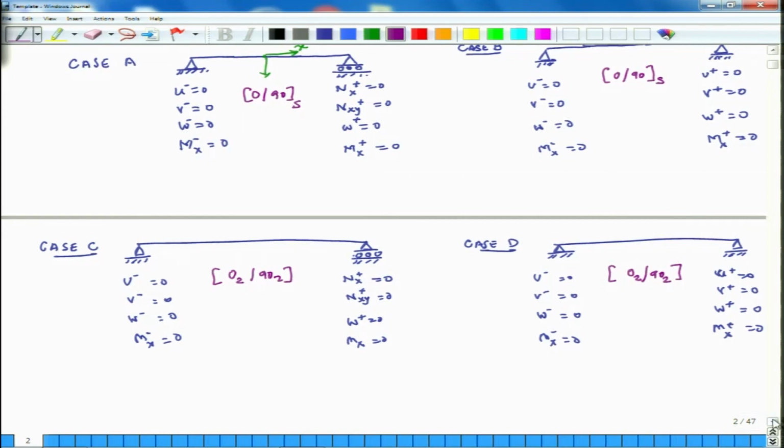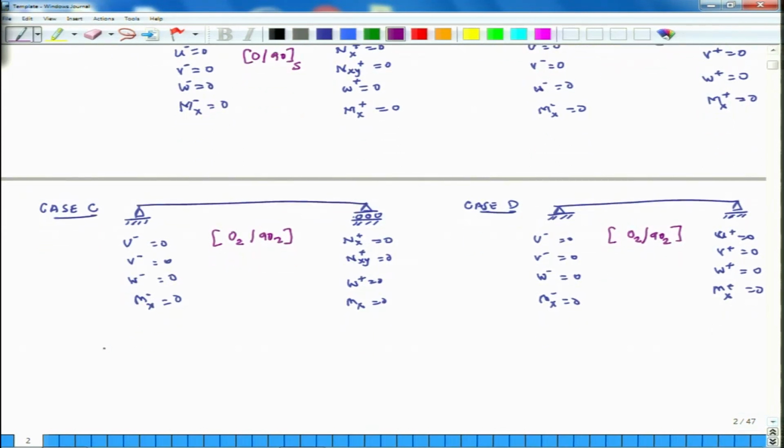So, what is the question? The question is, for each of these cases, find U, V, W. We should find what is the value of U, V and W. Okay.